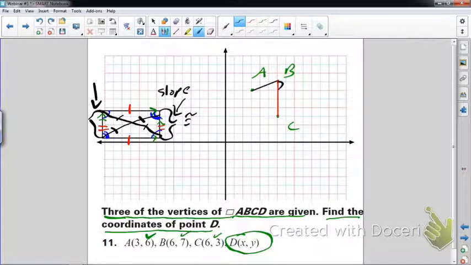So I have 1, 2, 3, 4. I went 4 units down, straight down. I'm going to do the same thing from A, 1, 2, 3, 4. And that's where D is going to be located for us.